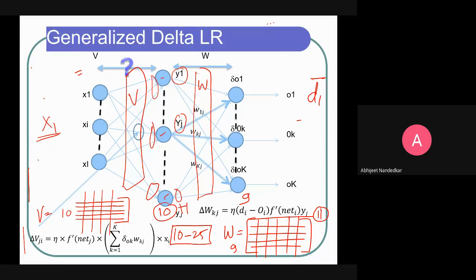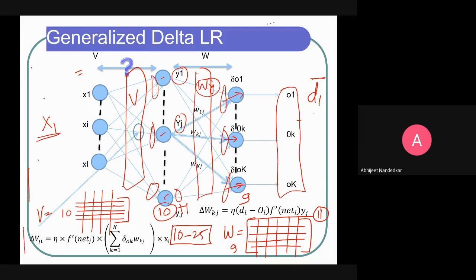And then it is passed on to the next layer, that is the output layer. It will be multiplied with the W matrix. This will produce net values for all output layer neurons, and this net value is passed through the activation functions to give you the final output.